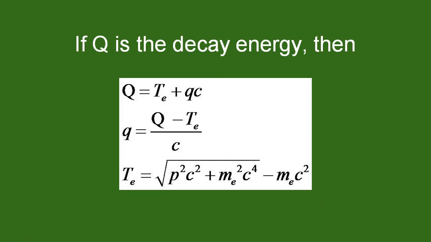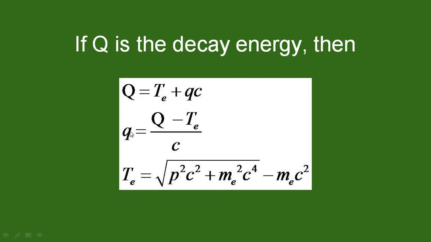And now, if capital Q is the decay energy, then that energy is shared as the kinetic energy of electrons and neutrinos. So this Q you can write as TE, where TE is the kinetic energy of electron, plus Qc, momentum into velocity, that is the kinetic energy of the neutrino.